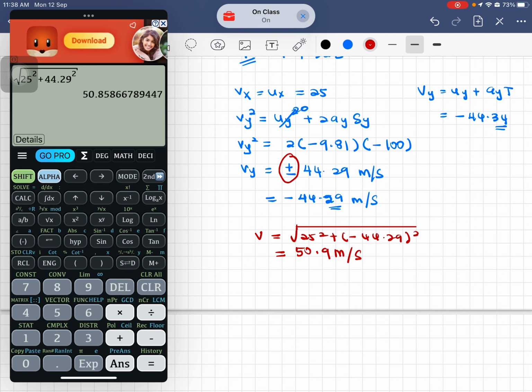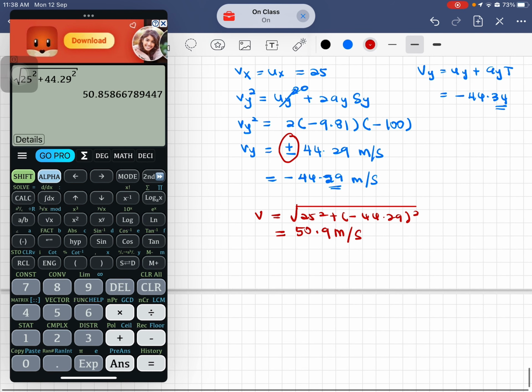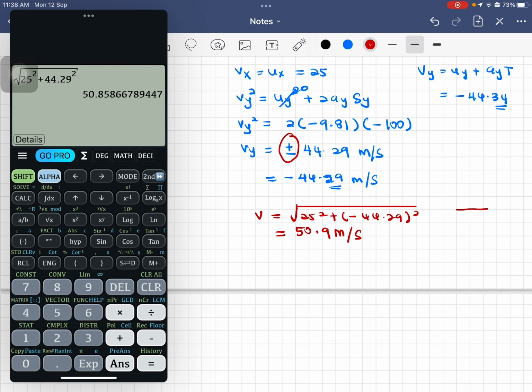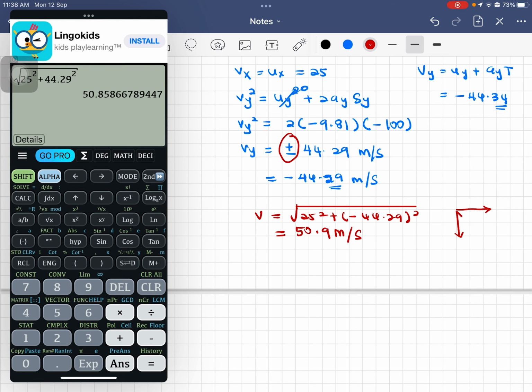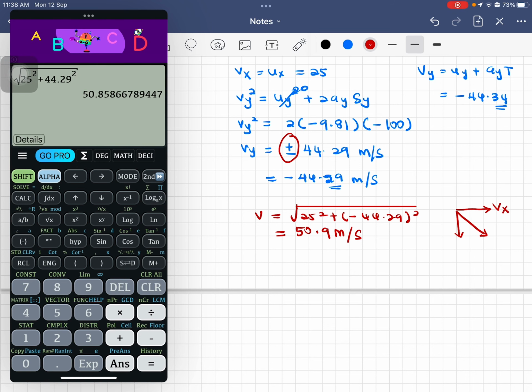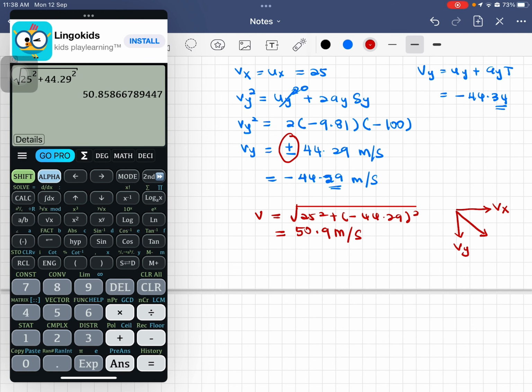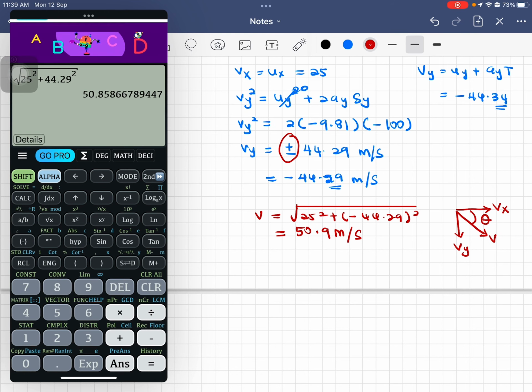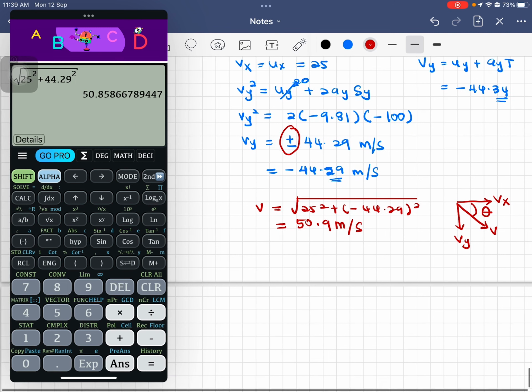But remember, velocity is in vector. So, you must have dia punya magnitude dan juga dia punya direction. Vx awak positif, Vy awak negatif. So, your punya theta is below positive x-axis.